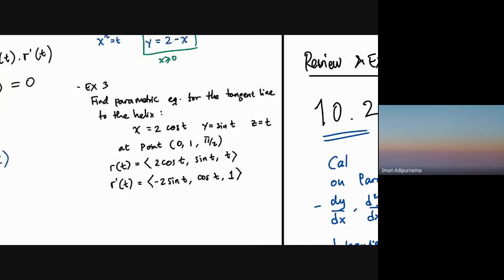And the parametric value for this point is t equal to pi over 2, right? So we just use that pi over 2 inside the equations, and we will have -2, 0, and 1.